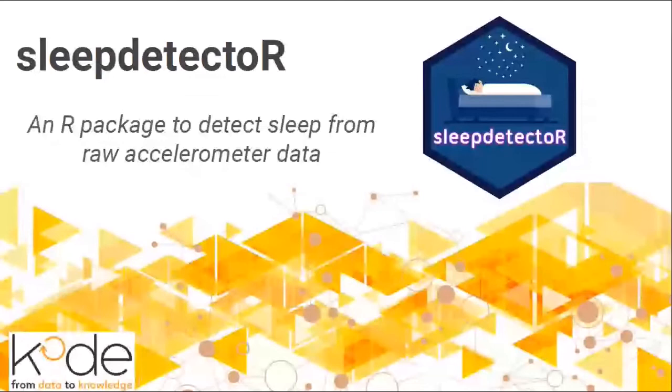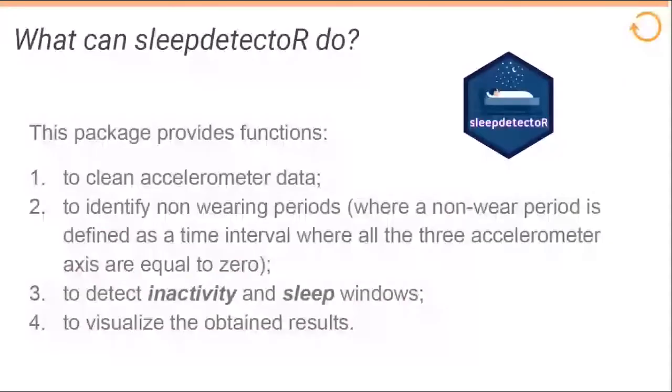In this package, there are different kinds of functions, and the first one is a function to clean the raw accelerometer data, that in this context is a particular kind of cleaning process, because we are looking for errors in the recording process.